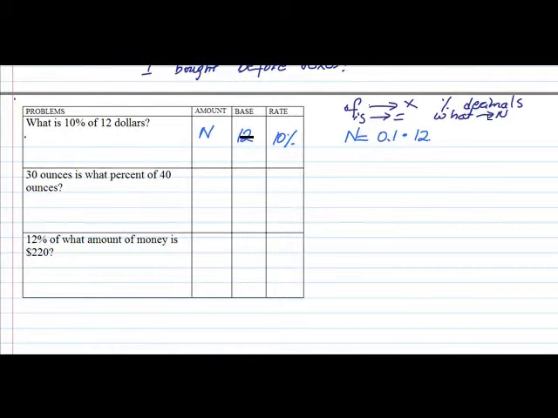All you have to do is multiply 0.1 by 12, then you're done. The answer is 1.2. Since it's asked in dollars, $1.2. Let's go to the next problem.